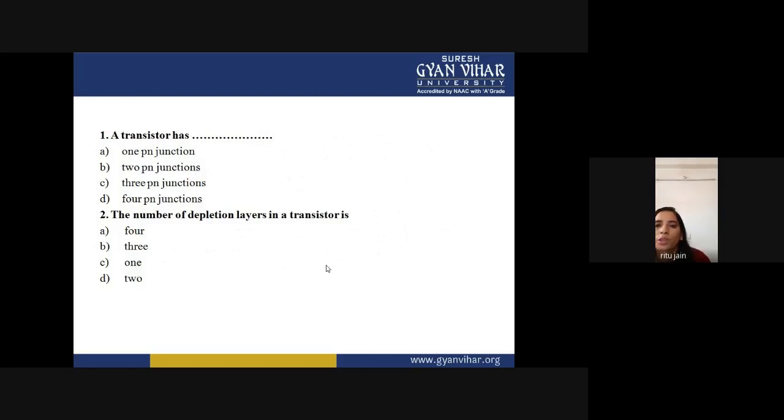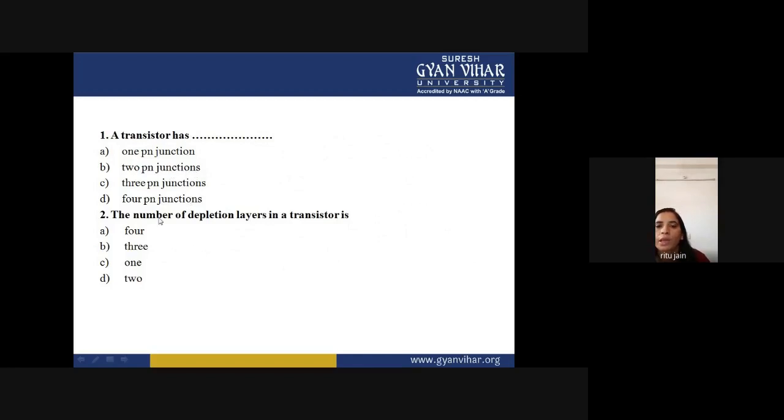Your first question: a transistor has one PN junction, two PN junctions, three PN junctions, or four PN junctions. I have already told you that a transistor has two PN junctions, so it is made by two diodes. B is the right answer for that question.